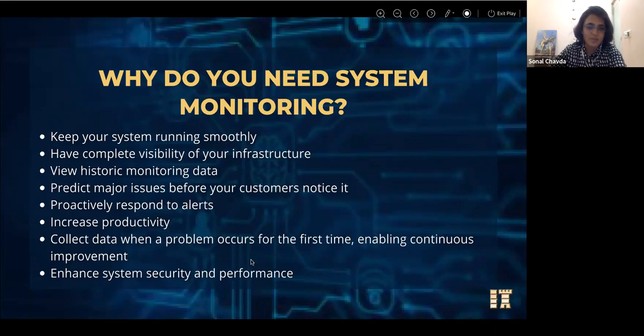We are talking about monitoring of the infrastructure, but in today's cyber world, security is also a big area, which we may not cover in this webinar. Monitoring system security is as important as monitoring the infrastructure of the system. So with monitoring, it will enhance your system security as well as the performance of your services.